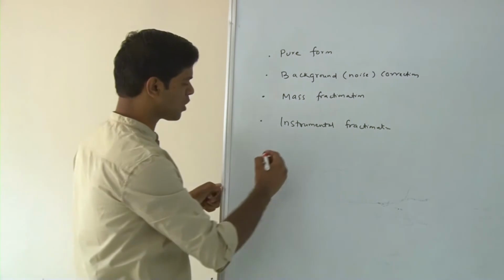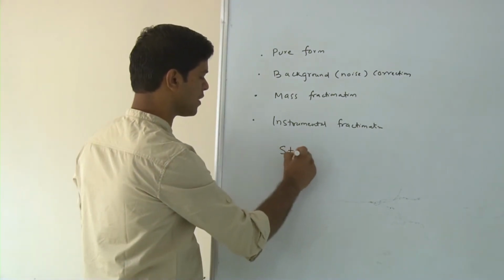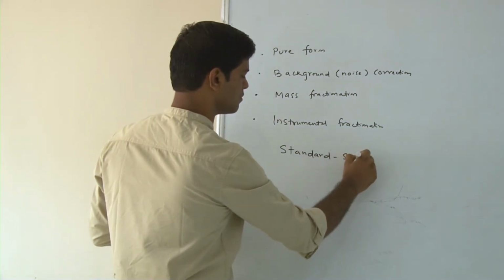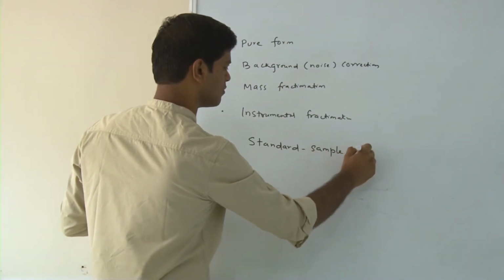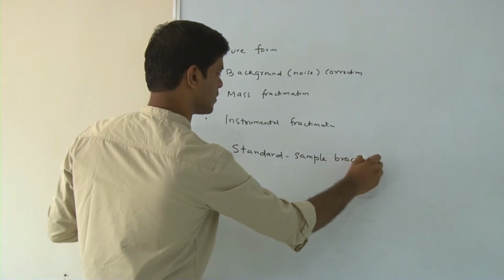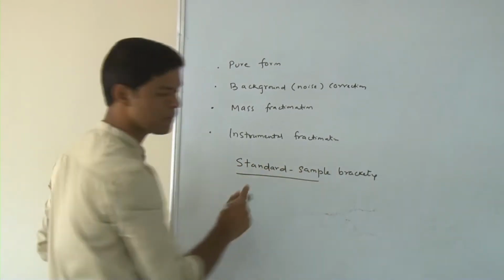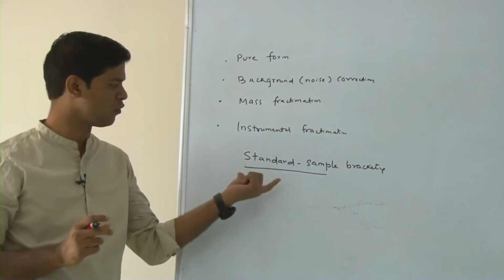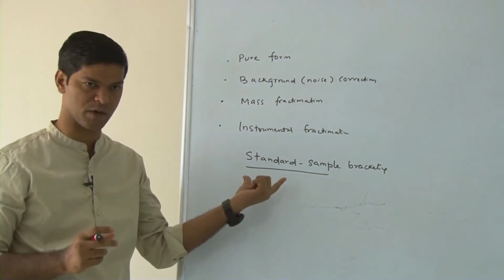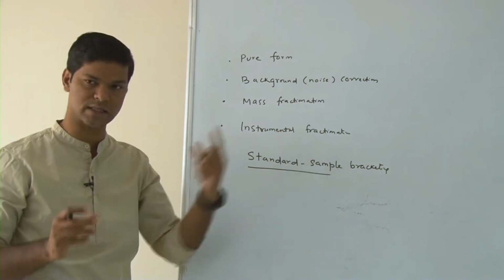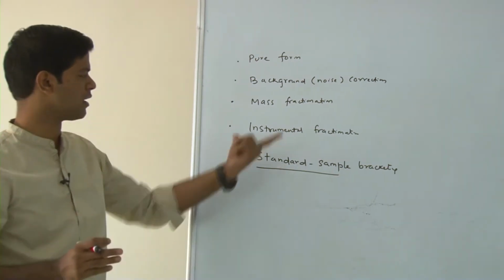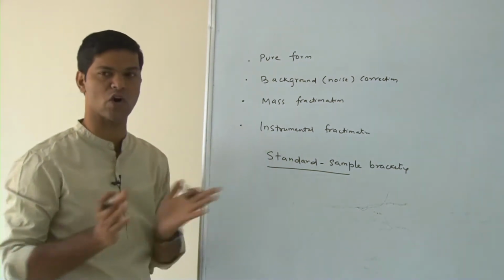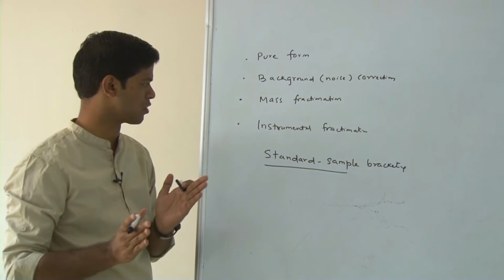So, in that case what you do is something called standard sample bracketing. Because before the sample you are running a standard, you know the true value based on the standard number, and whatever you are measuring in the sample you can correct for that, so that you can take care of any sort of instrumental fractionation that is occurring in an inductively coupled plasma mass spectrometer.